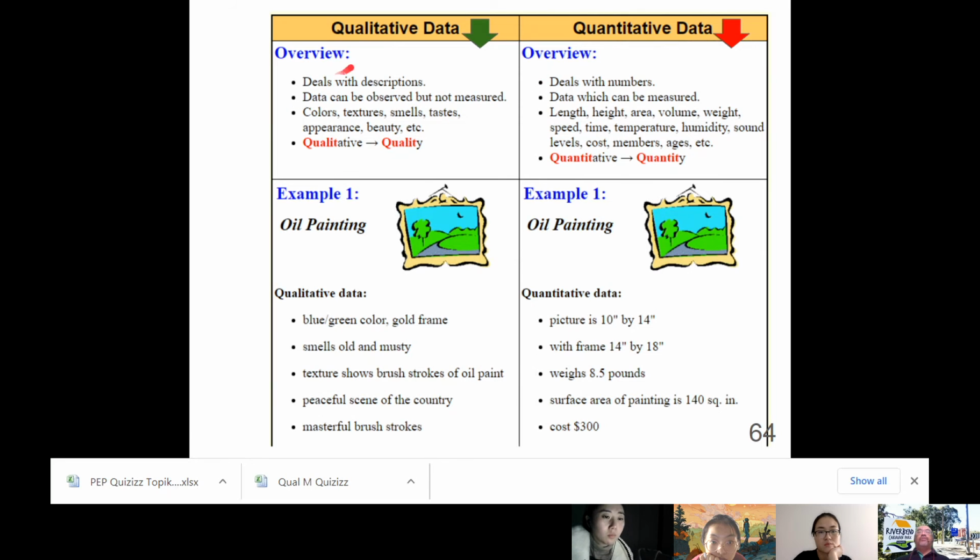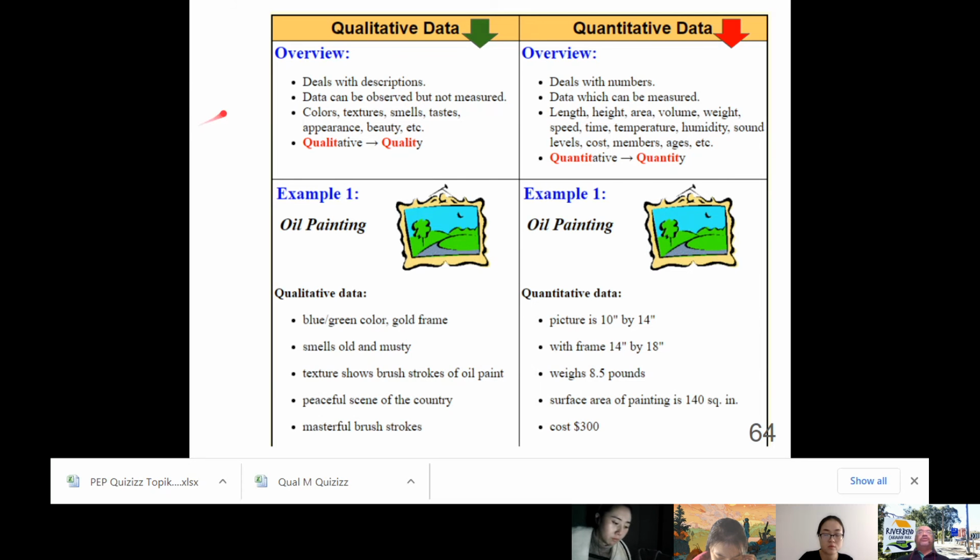For qualitative, it deals with descriptions. So you try to describe things. Data can be observed but not measured. So you could say the car is blue, but you cannot measure the color. You just say blue, or big or small.